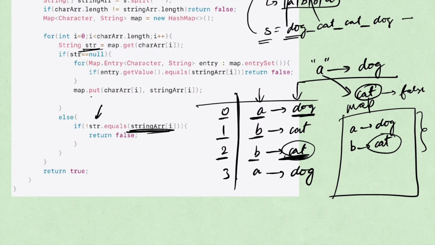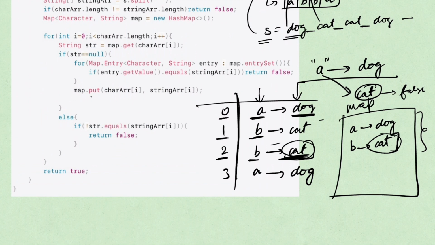If they are not equal, it means we are trying to map a single key to two values, which is wrong, right? That thing we have to avoid. And if that happens, we have to return false. But in this case that is not happening, because in the problem statement we have been given cat, and in our mapping also it is present as cat, so it will not go over here, right?